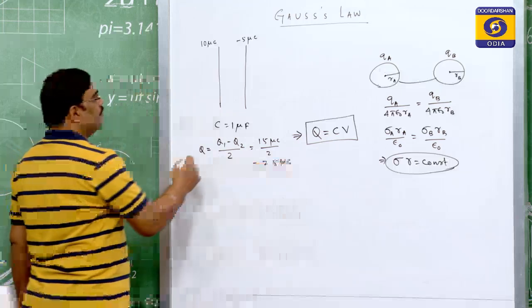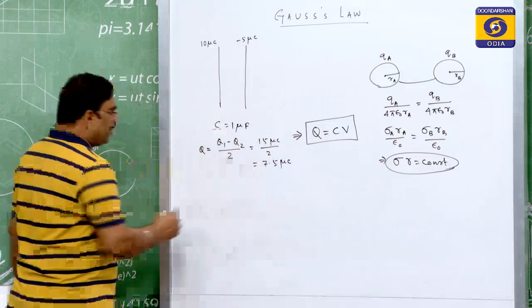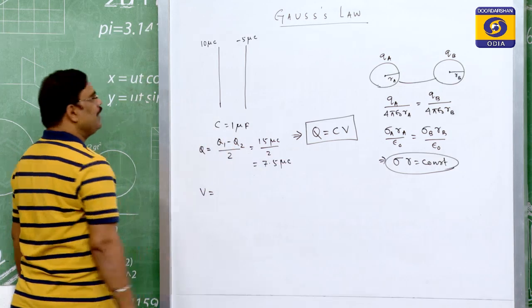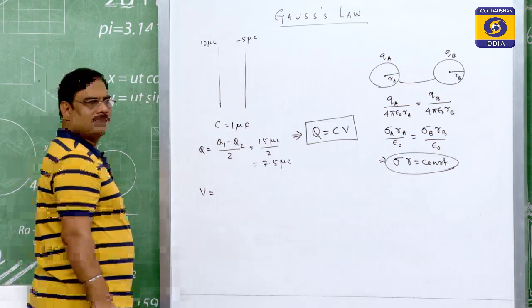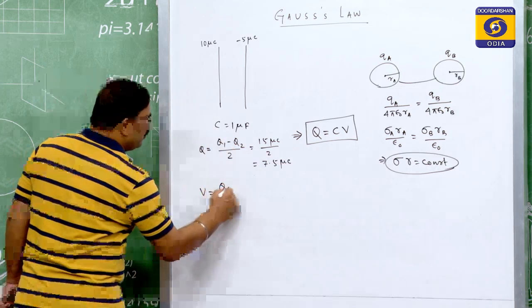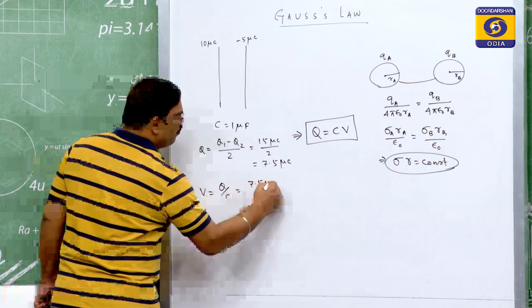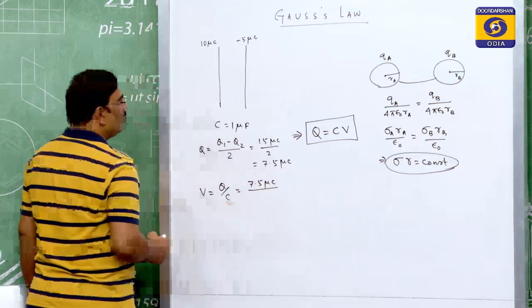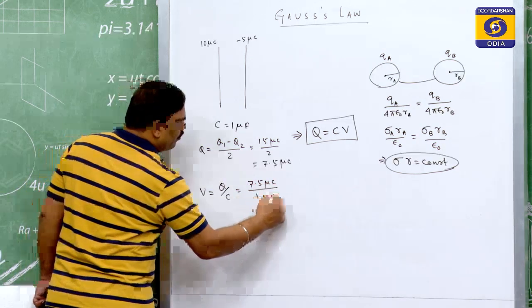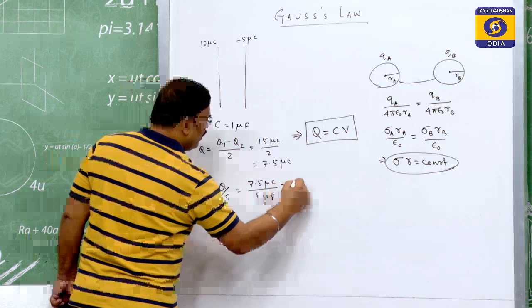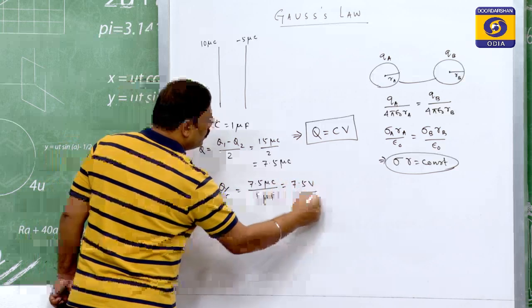Knowing the charge and capacity, now I can calculate the potential difference between the plates. V equals Q by C. Q is 7.5 microcoulomb and C is 1 microfarad, so this is equal to 7.5 volt.